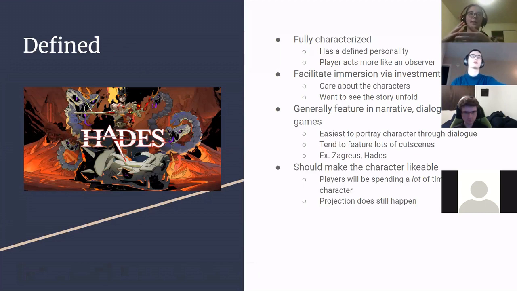They may have choices in dialogue options to shift the story in one way or another depending on how it works, but they don't usually tend to have as much impact on the story overall.